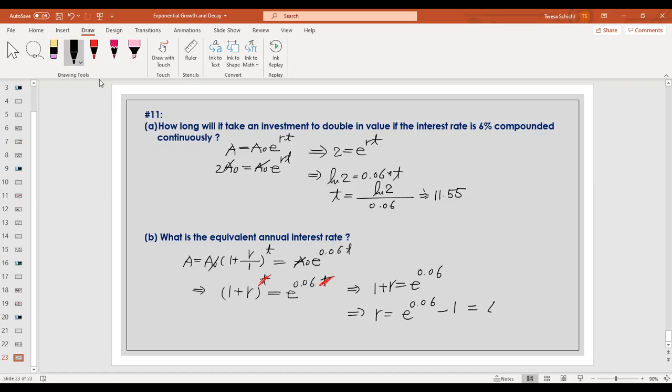If you put it into your calculator, you will get 0.0618. So that's about 6.18%.